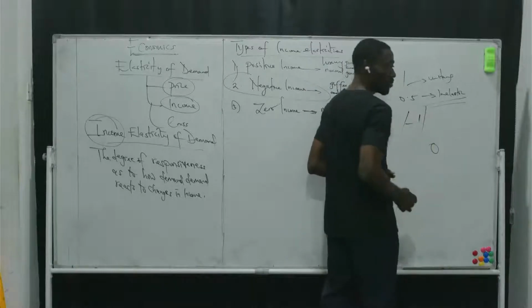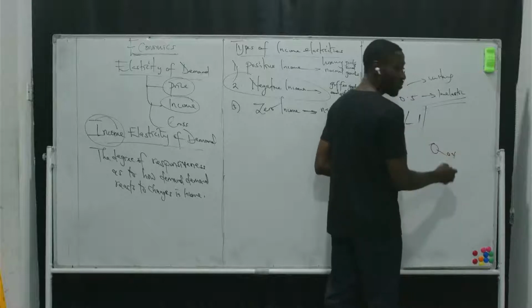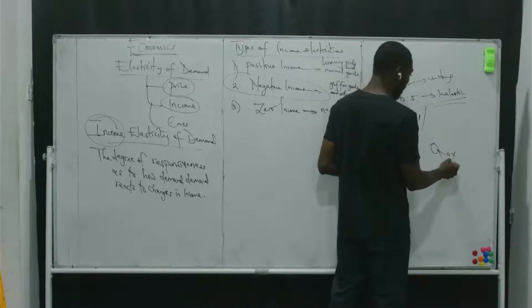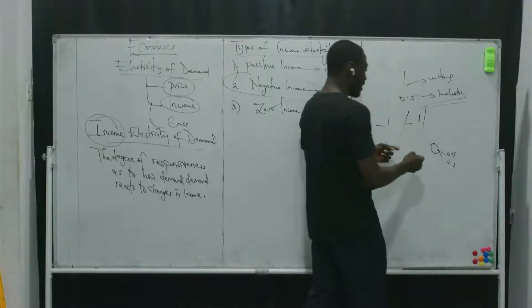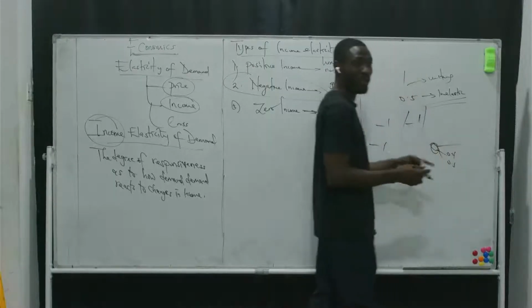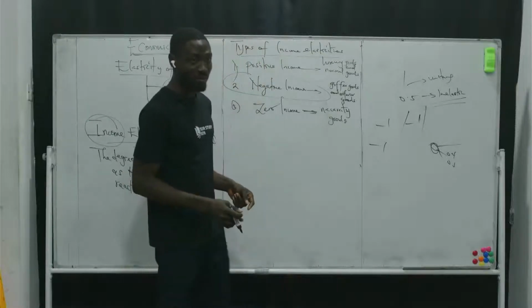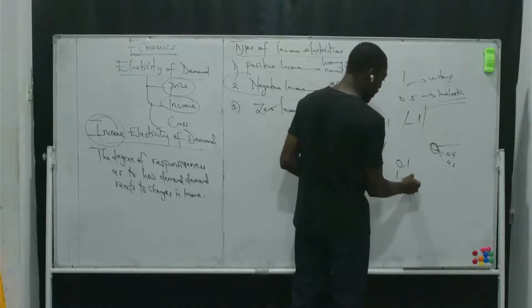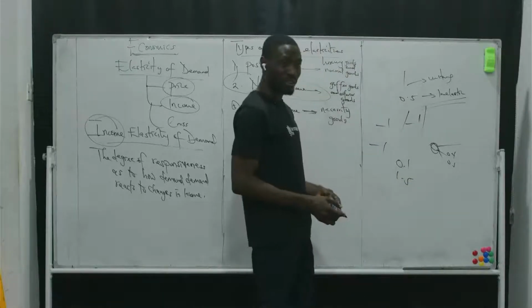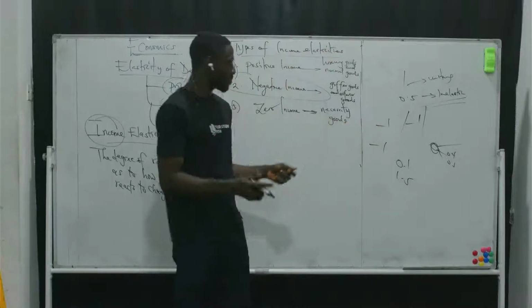So when we say positive income elasticity, it lies above zero. Now you can have something like 0.4 or 0.5. Are you following? Once the value is still within the range of zero and any number, it's positive. So if you have 0.1 and you have 1.5, both of them are positive. But there is a thin line between them.